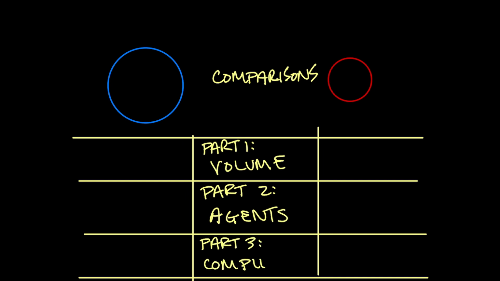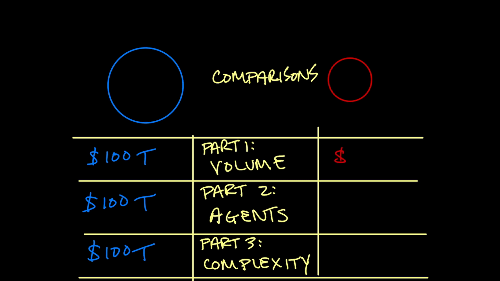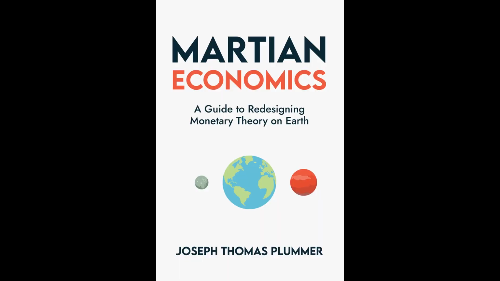In all 3 calculations, we kept the money supply on Earth constant at $100 trillion. And here are the results of our calculations: $12.5 trillion, $100 billion, and $721.65 billion. This is the first of a series of videos on Martian economics.